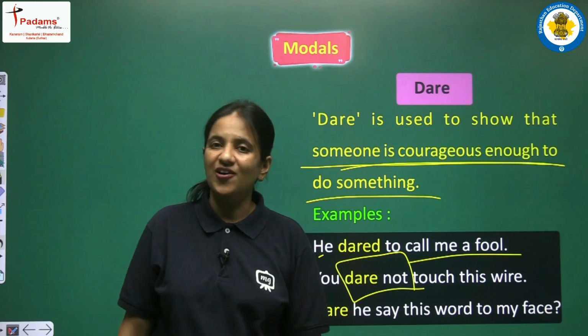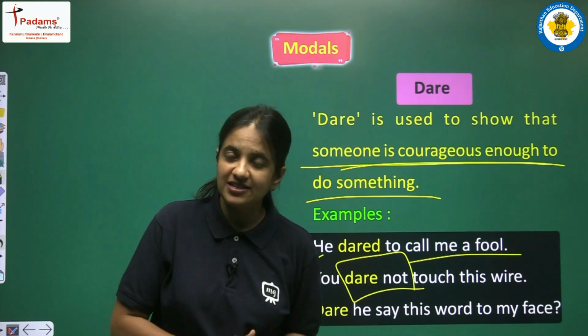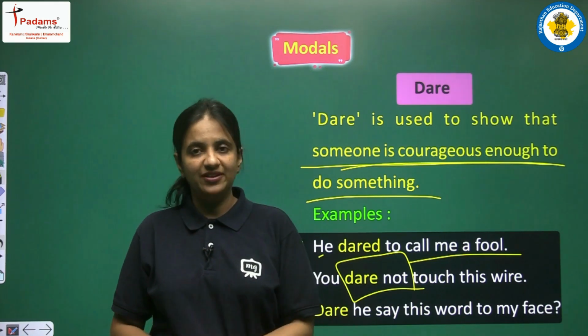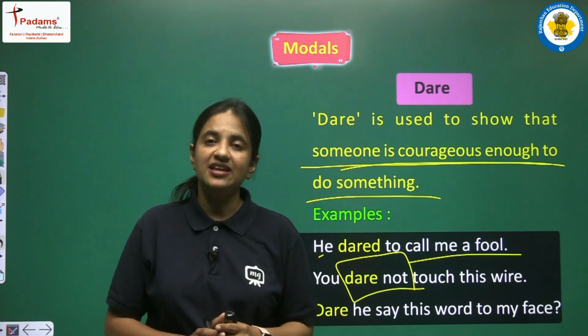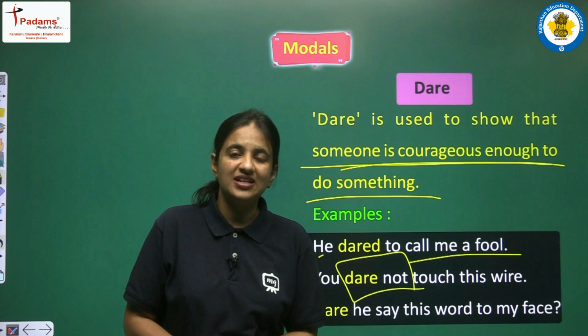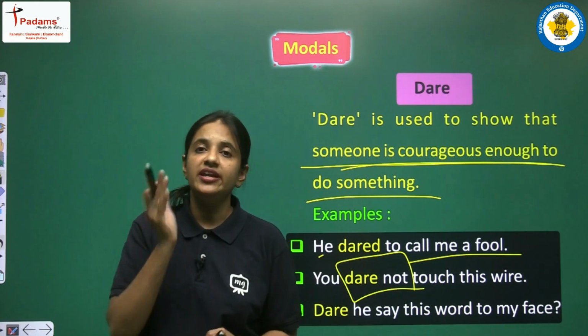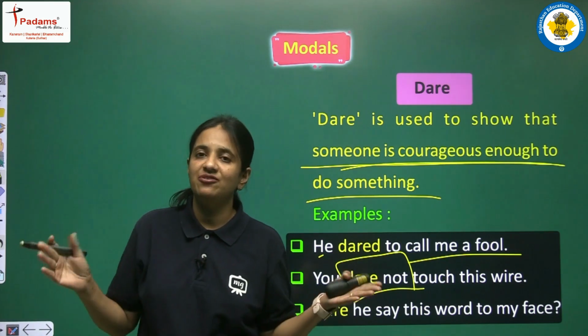So yes, these are the 13 modals that we have in our English language, and we have discussed all the modals. We have seen their different uses, because all the modals are used not only in one way, but they have so many different uses.